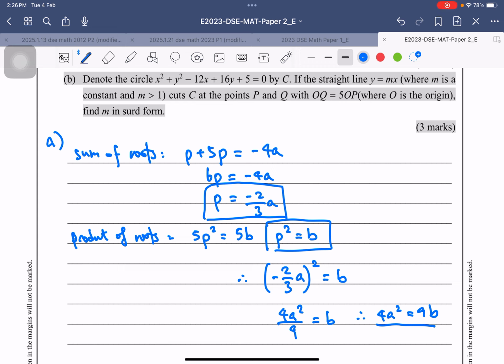Is that okay with these questions? Jong-woo? I'm okay. Understand? 2 over 3a squared equals to b. This step? Which part you don't understand? Is this one okay? I replace the p by this. I substitute it.